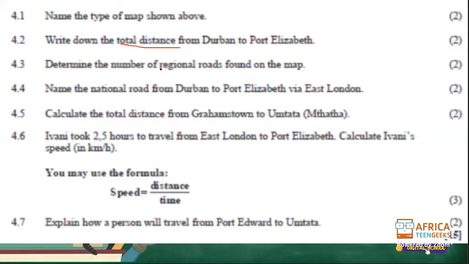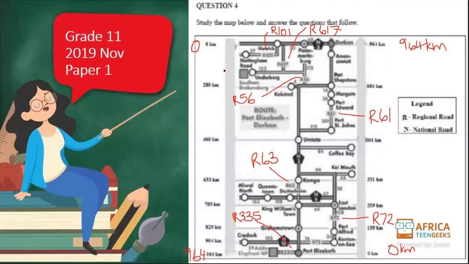Okay, next question. Determine the number of regional roads found on the map. How many regional roads are found on the map? So you can see today's question is actually easier than yesterday's questions.